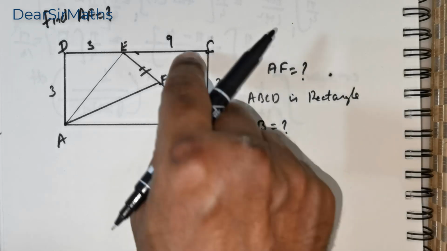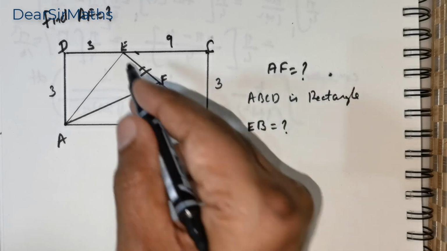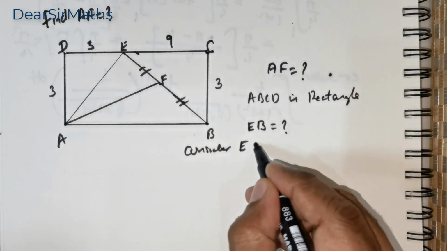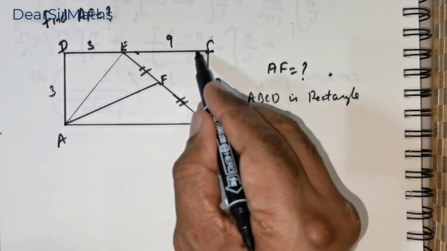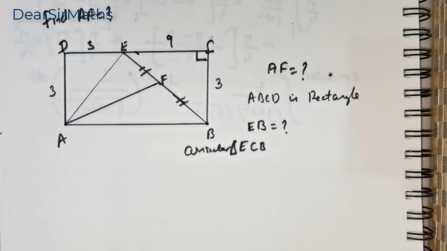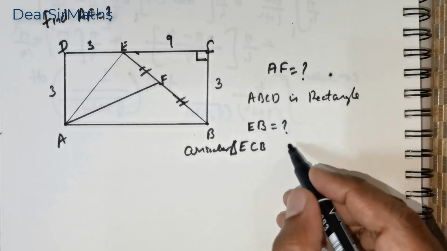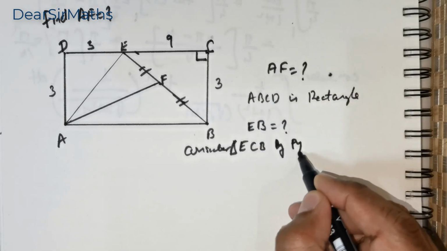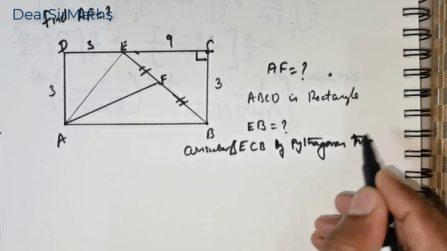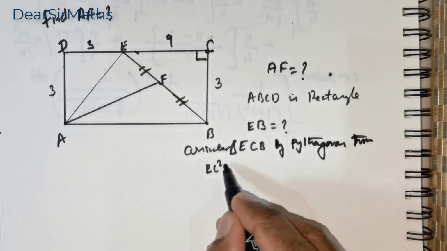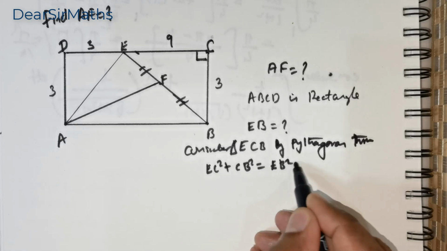So for that, consider ECB. Now what is ECB? ECB is a right triangle, so this is 90. Of course our 90 degree comes into play here. So by Pythagoras theorem, EC squared plus CB squared is equal to EB squared.